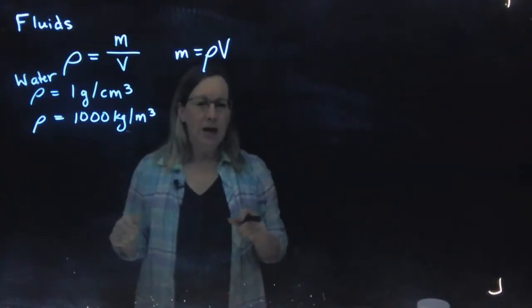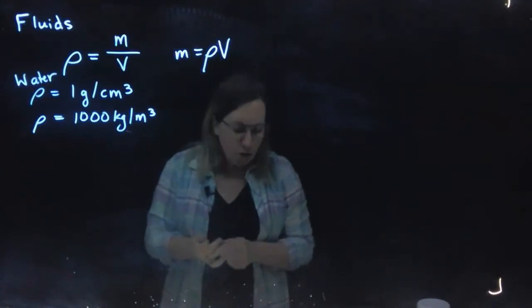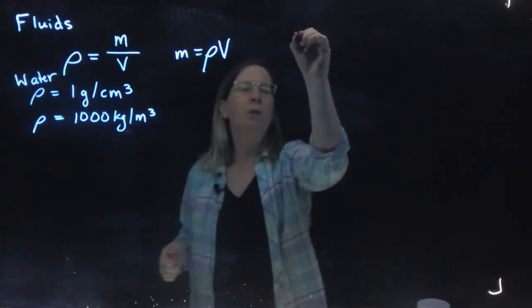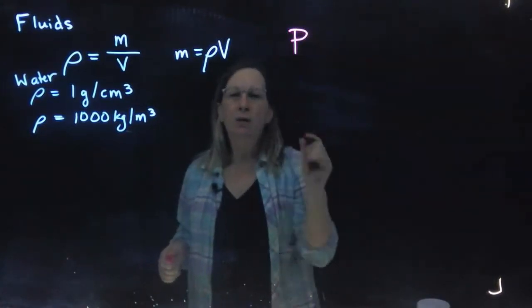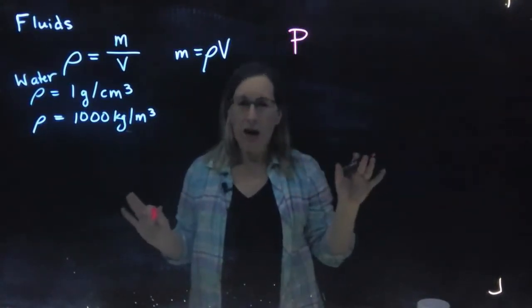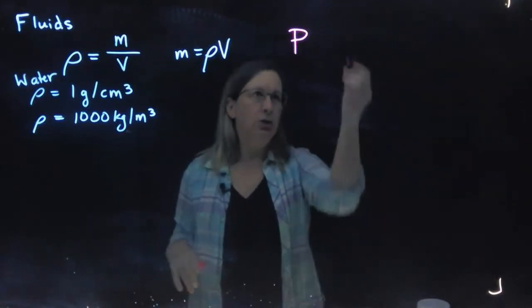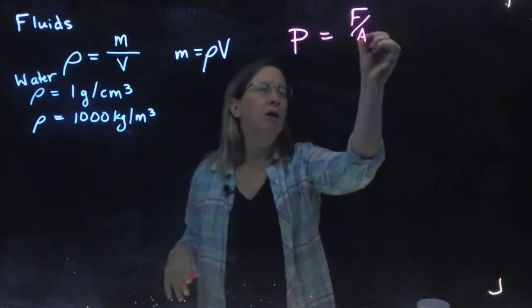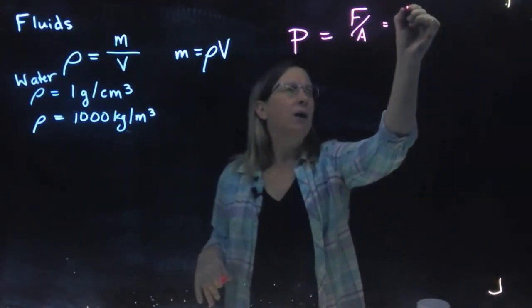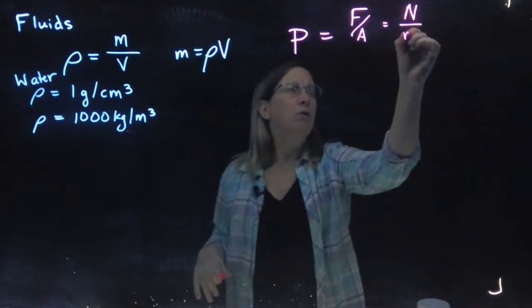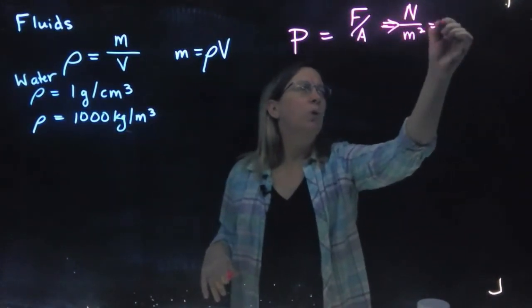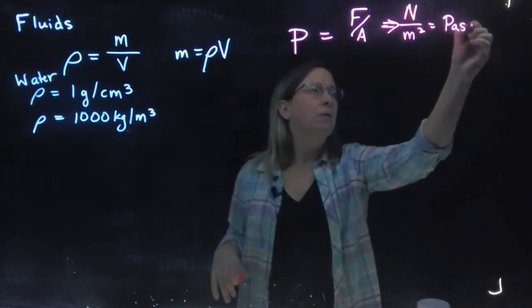And as I said, instead of force, it turns out to be more useful to talk about pressure. So this is P for pressure, not momentum. It doesn't have a vector, but it is the magnitude of the force over the area. So that's going to have a unit of Newton per meter squared, which we call a Pascal.